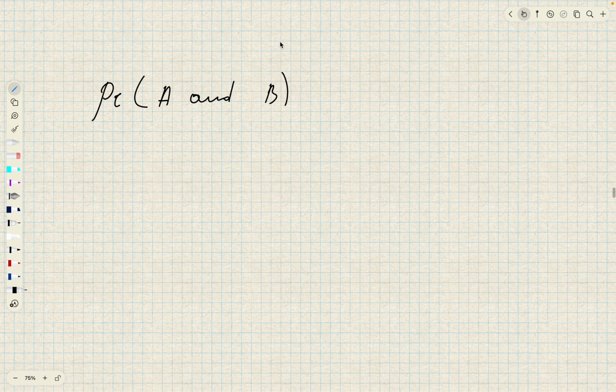So that's why we're saying probability of A and B. They're happening together.